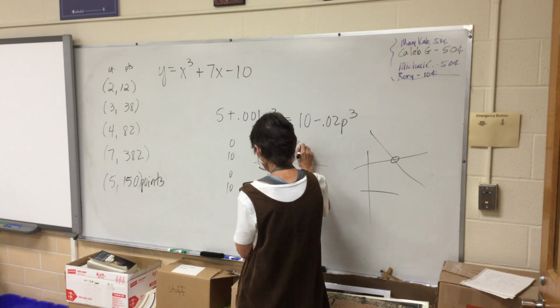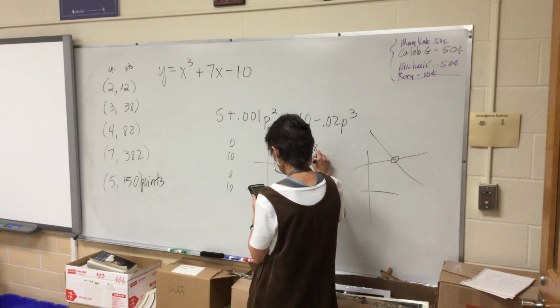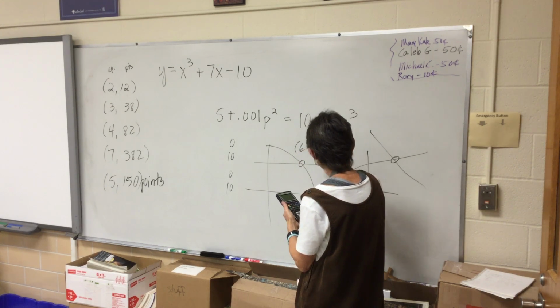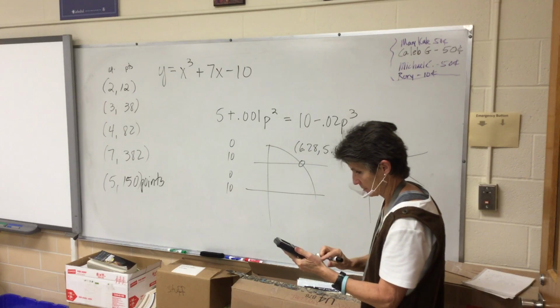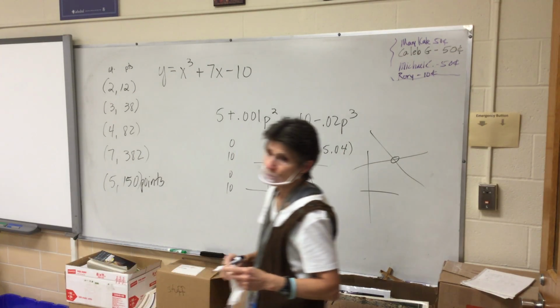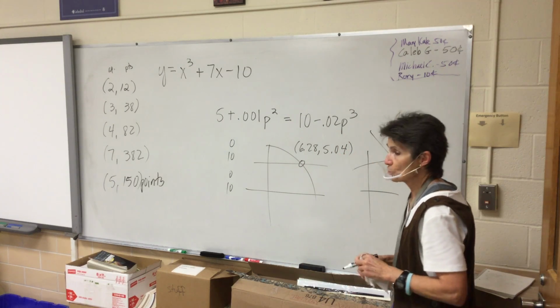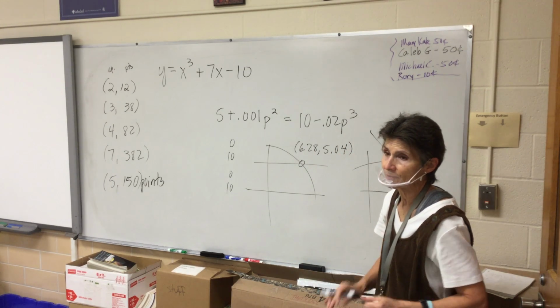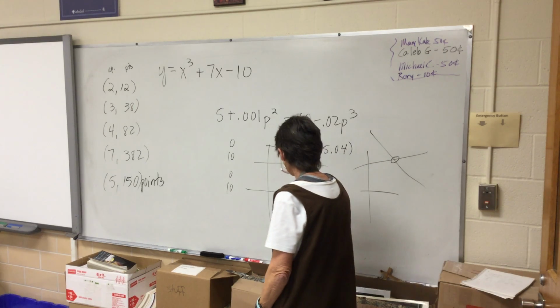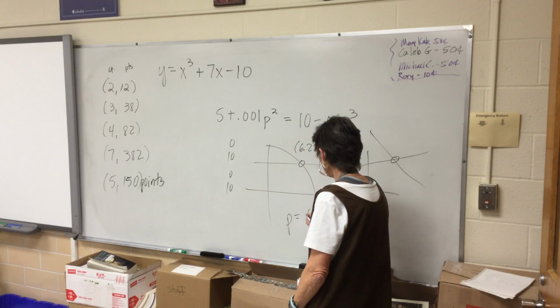Okay, so my point was 6.28, comma, 5.04. Of those two, which one is the one I'm going to write down in the answer blank? 6.28. So the price is $6.28.